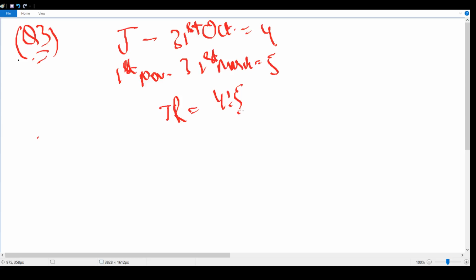Rent up to 31st December was 1,200 per annum, after which it is increased to rupees 3,000 per annum. So kindly read the statement properly and then solve.